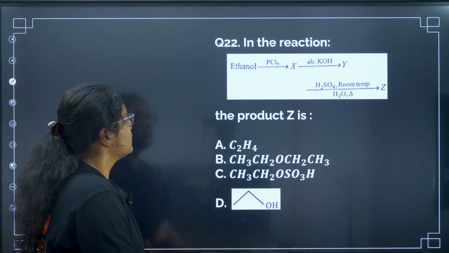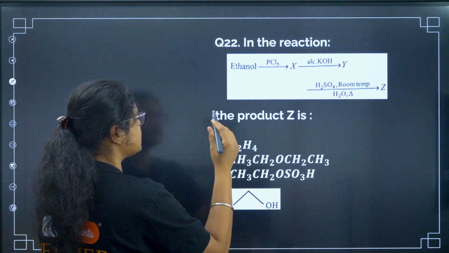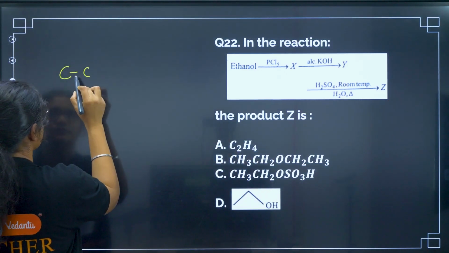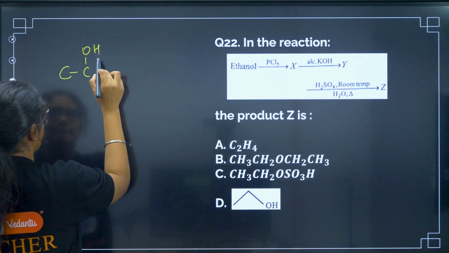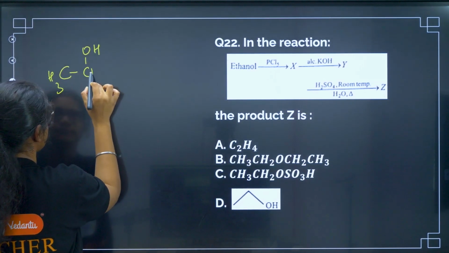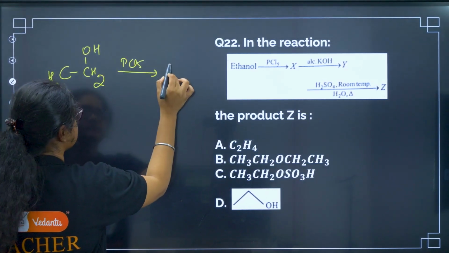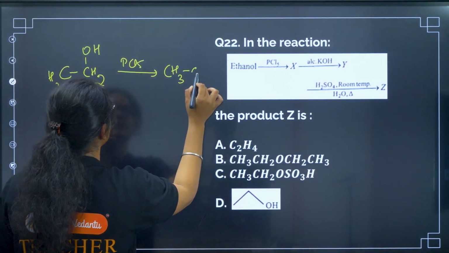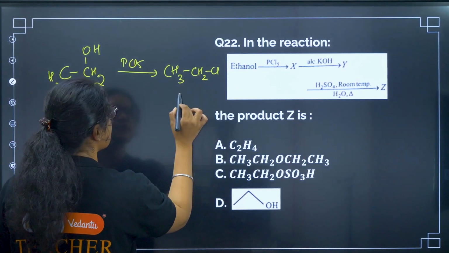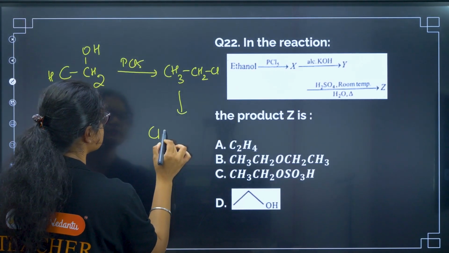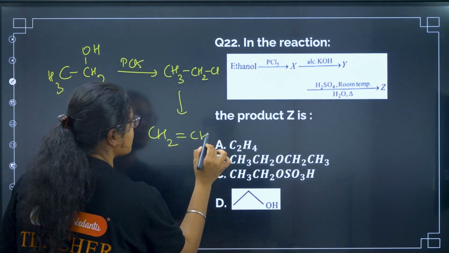Next, in the reaction, we can see the first is giving you ethanol, so CH3CH2OH. Then when you treat it with PCl5, what will happen? This will get converted to CH3CH2Cl. Then in alcoholic KOH, there is an alkene formed.